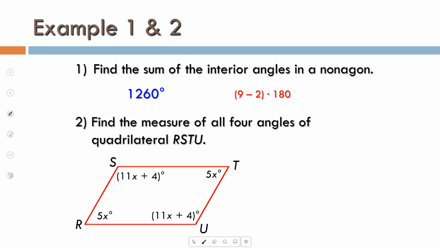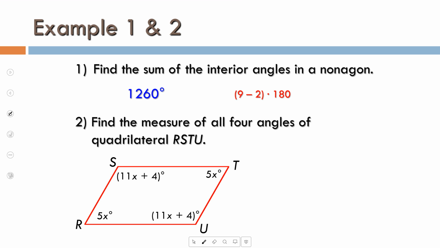Angle S and angle U are the same, angle R and angle T are the same. Good. What else do I know? Angle U and angle T equal 180, maybe? All 4 angles equal 360. Bingo. All 4 angles equal 360 because it's a quadrilateral.